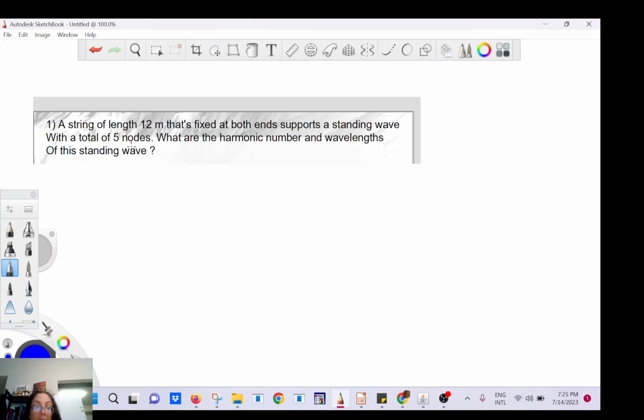Okay, you have a string supporting a standing wave with a total of 5 nodes. So let's make the nodes 1, 2, 3, 4, 5. So between the nodes, of course, you're going to have the antinodes.